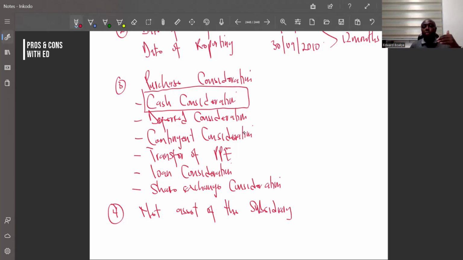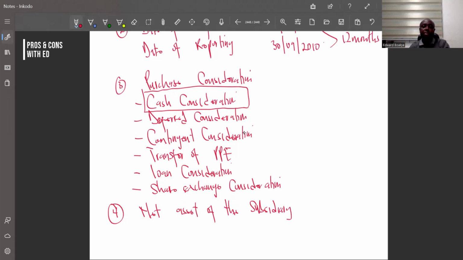So we will have their total asset less any outstanding liabilities that they need to pay. Or sometimes if they give us the asset, we have to go to the market and find out if this is the fair value of the asset they've given to us. So we find the fair value of the asset they've given to us, then we subtract any outstanding liability that they had to pay. That becomes the net asset of the subsidiary.